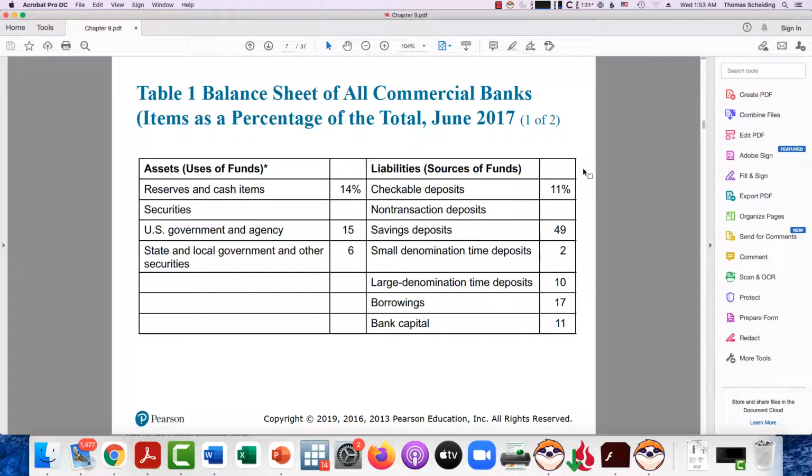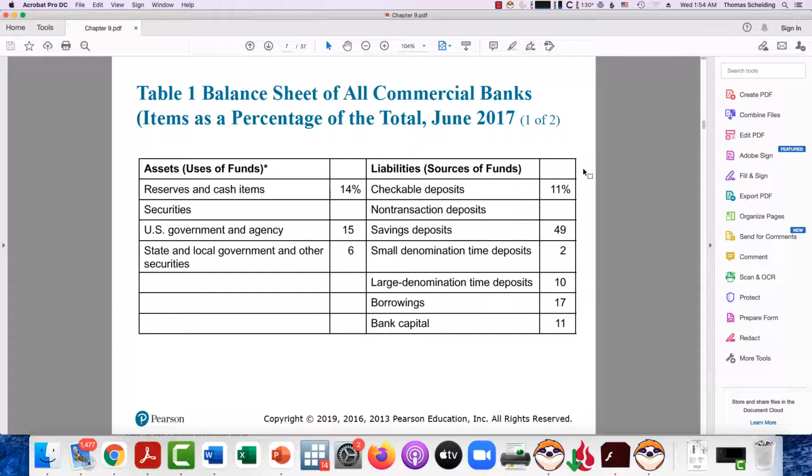You can see here that for typical banks in June of 2017, this is what our assets and liabilities look like. The reserves and the bonds and securities are the primary assets, and the liabilities are the savings deposits primarily, with the checkable deposits making up the bulk of everything else.